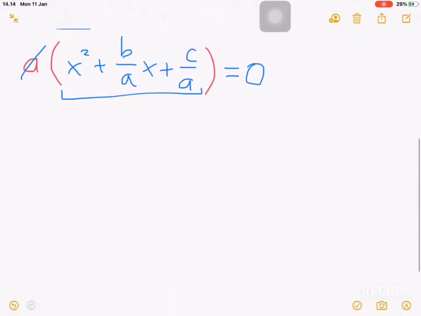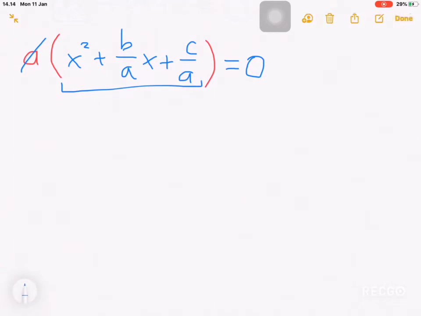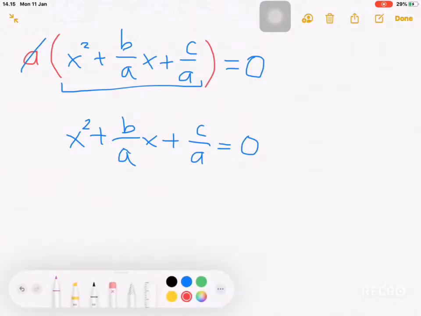Okay, so next step, we're going to set up our completing the square setup. I've used a, b, c and x in this quadratic equation, so let's just use another variable. Let's use u and v.